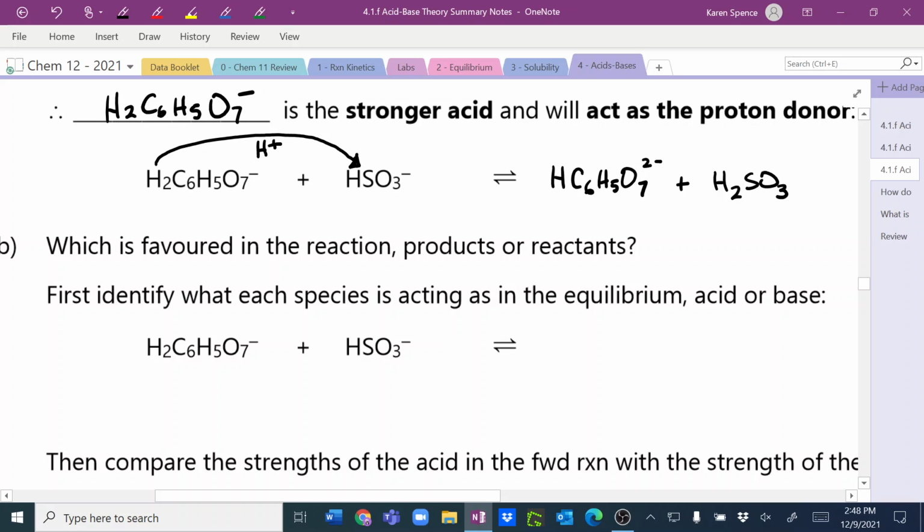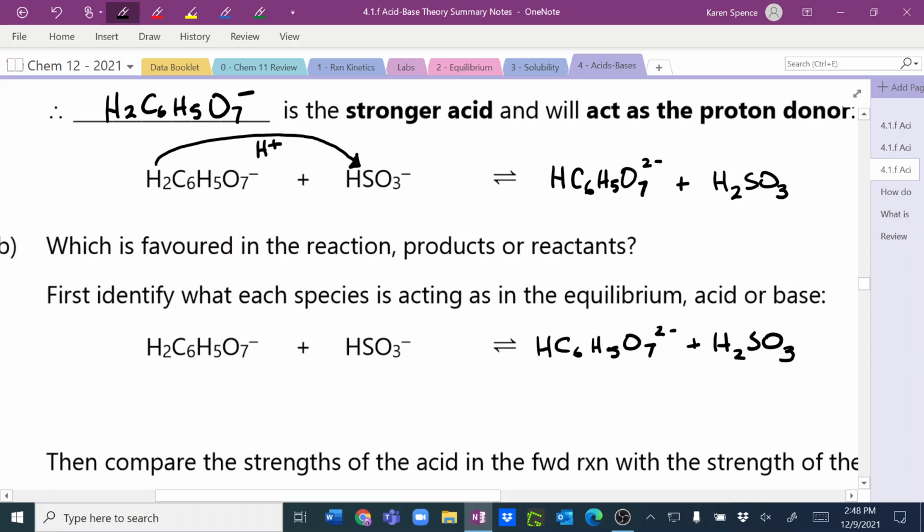Which is favored in the reaction, the reactants or the products? What did we do last time we wanted to figure out who was favored? Yeah, first of all, we're going to have to decide who are the acids and the bases.